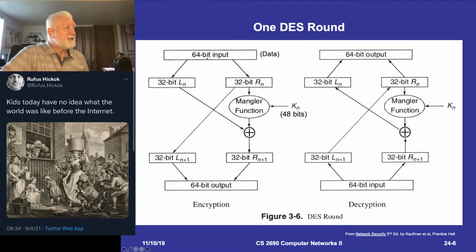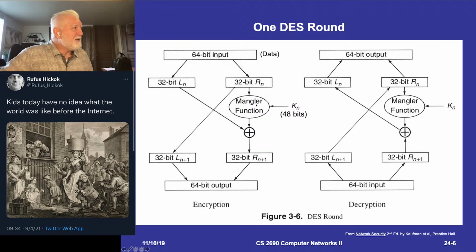Then I take that 64-bit input of data and split it in half into two 32-bit halves, the left and the right. The 32-bit right half I save over here to be the left half of the output. Meanwhile, I take that same value and run it through a mangler function. Again, I'm trying to remove any recognizable patterns.